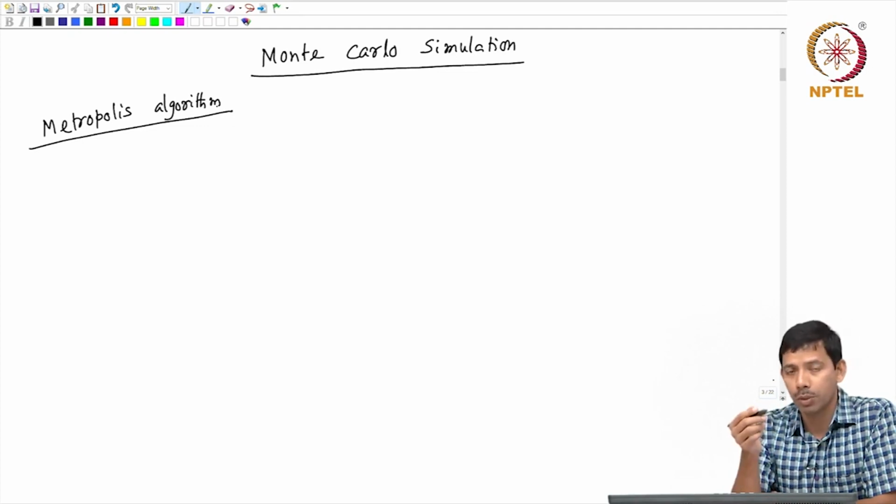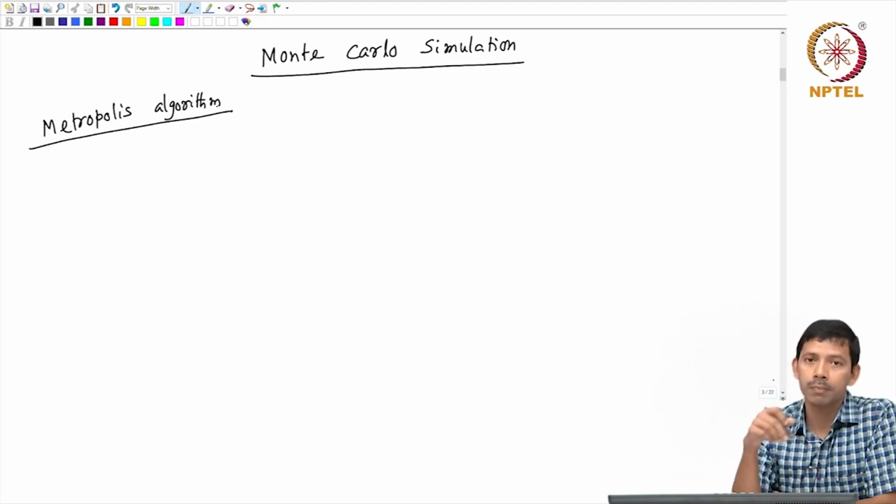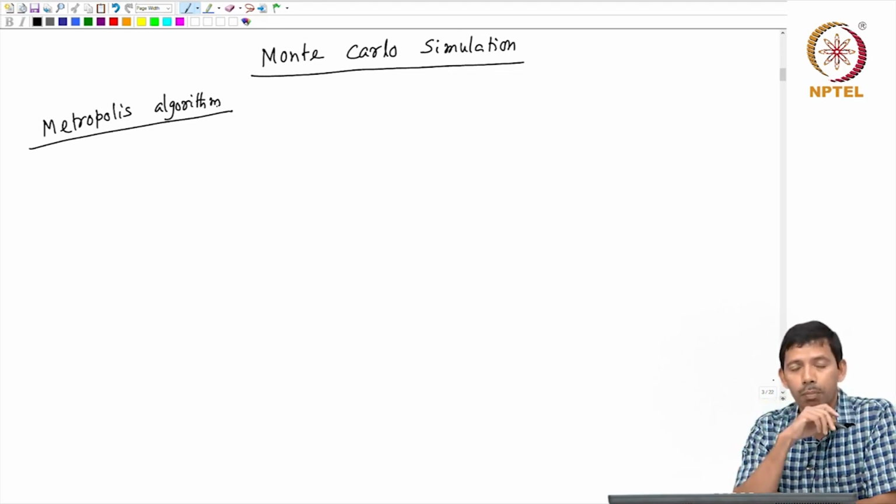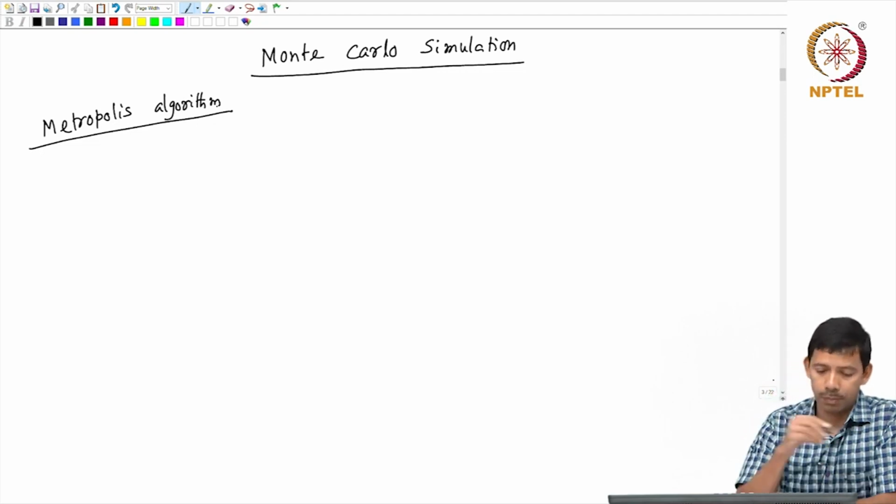In molecular dynamics simulations, we generated the new conformations by solving Newton's equation of motion, Newton's second law. We solved equation of motion to generate new conformations, whereas in Monte Carlo simulation, we will be generating the new conformation of my system by using random number generator.